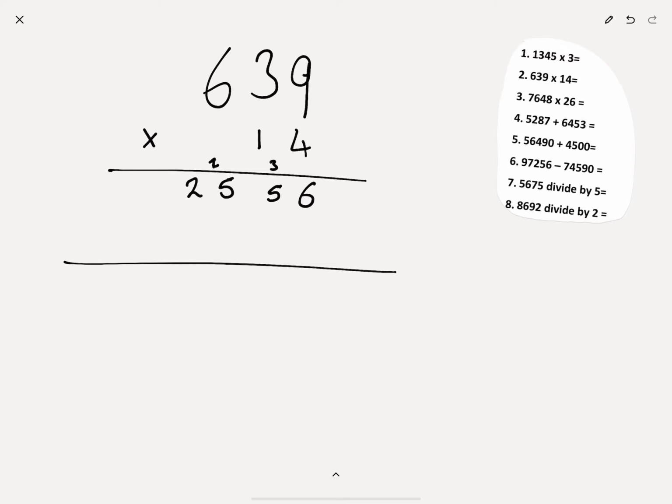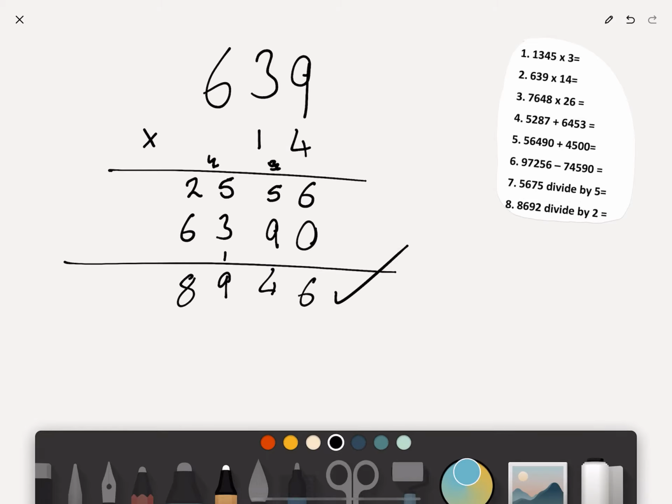Okay, I think, hopefully. Like I said, I'm not as confident on this method. And then pull that down, so you've got 639 times 10. Well, I can do that already. So it should be, yeah, that looks right. So 6, 5 and 9 is 4, 5, 6, 7, 8, 9, 8, 8, 9, 4, 6, which is correct.